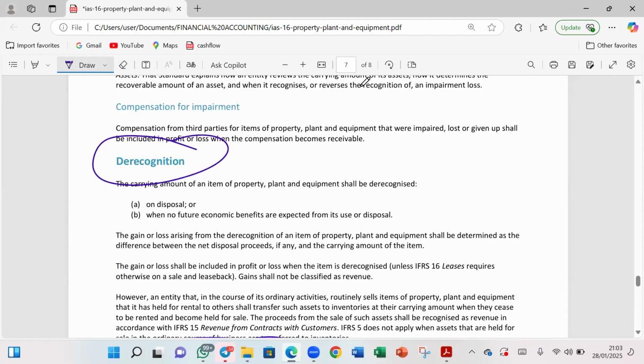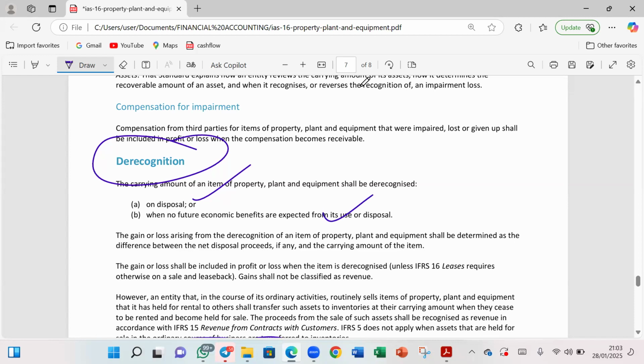Now, when do we recognize an asset? Now, when we dispose an asset in most cases, or when that asset does not generate any future economic benefit, but you cannot be asked in an exam. But if you are doing an exam in intermediate level, they can ask you to state when an asset shall be derecognized, and you shall say an asset shall be derecognized when you dispose that asset.